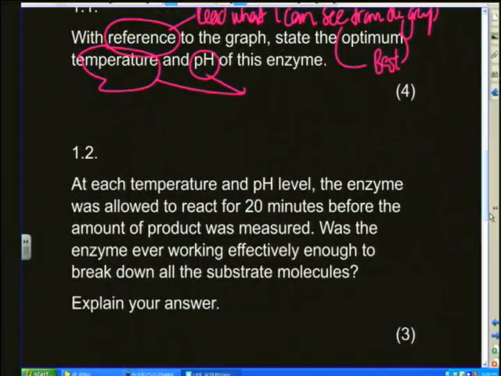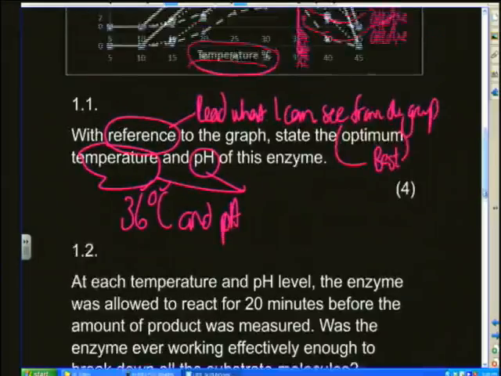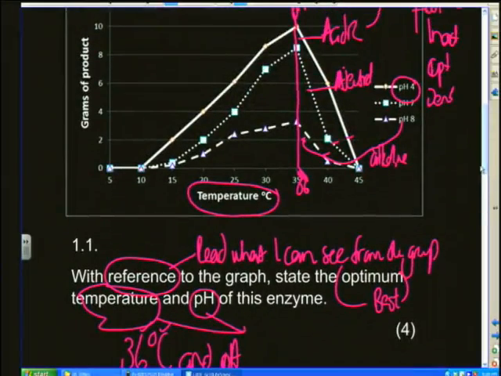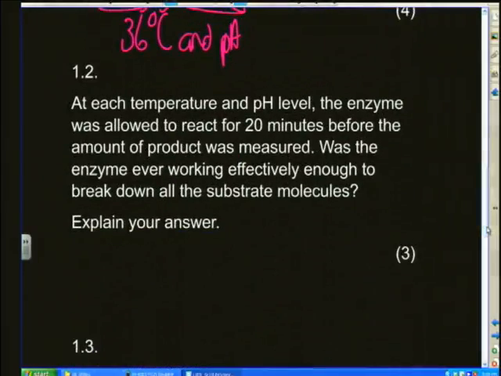So with reference to the graph, state the optimum temperature, 36 degrees Celsius. Please don't forget the units of measurement. And a pH, don't tell me just 4. 4 means nothing. You could have 4 cats, 4 dogs, 4 toes on 1 foot. A pH of 4. And that's where you get your 4 marks from.